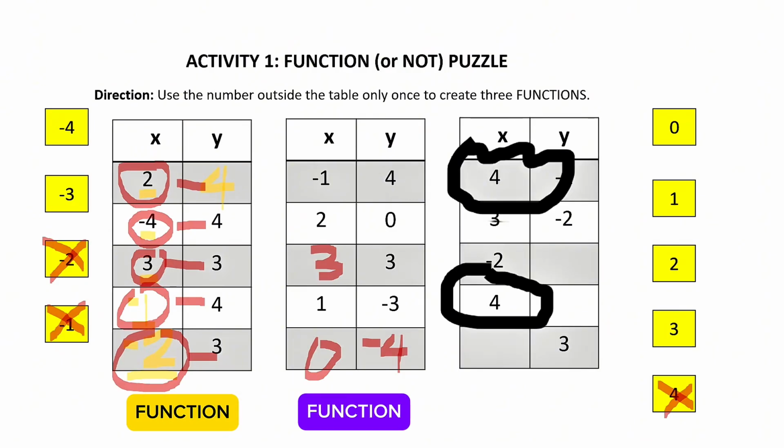So if that happens, this is not an example of a function. So we are done with this activity. Remember, we might have different answers, but as long as the input values are not repeated and you follow the directions, you are always correct.